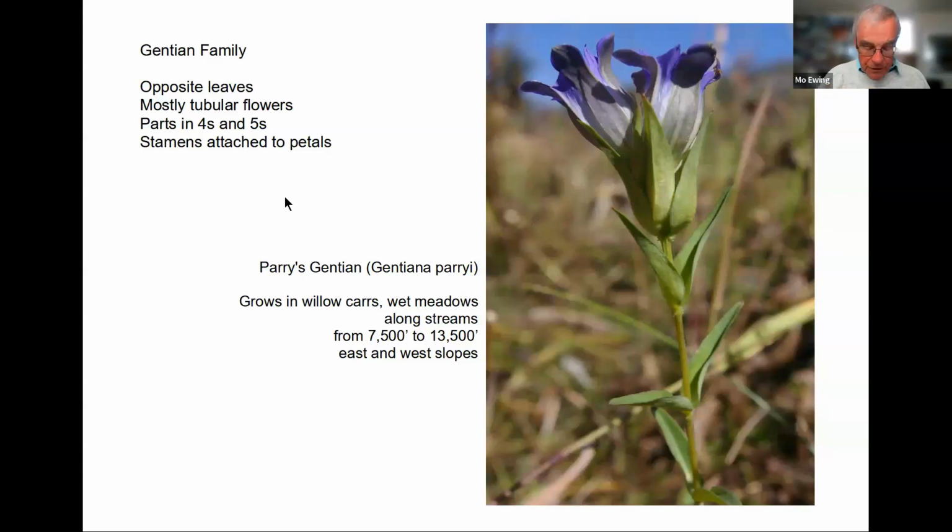This was first collected by Charles Parry in the 19th century in Colorado, and that's where the Parry comes from. We had another Parry, I can't quite remember which flower that was. It was another something Parry.